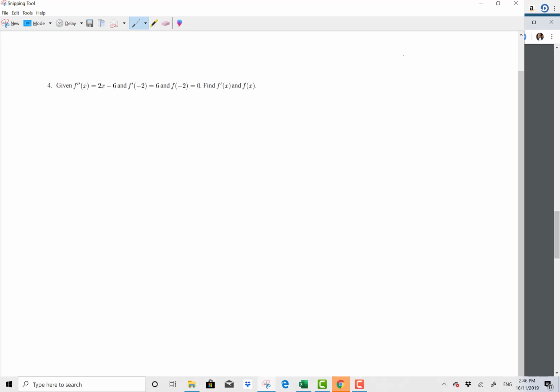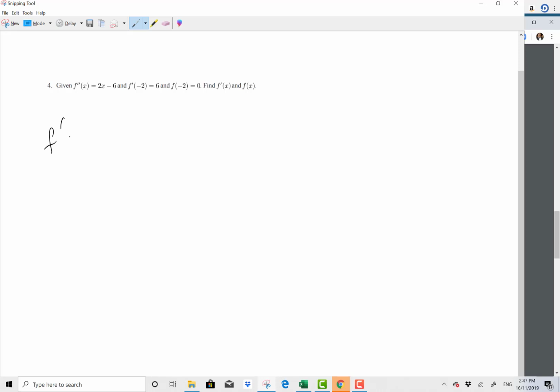For number 4, they told us that f double prime is equal to 2x minus 6, f prime of negative 2 is equal to 6, and f of negative 2 is equal to 0. Find f prime and f of x. Firstly, we know that if we're given f double prime and we want to find f prime, all we need to do is find the integral of f double prime.